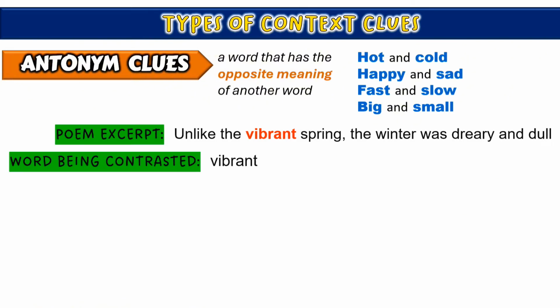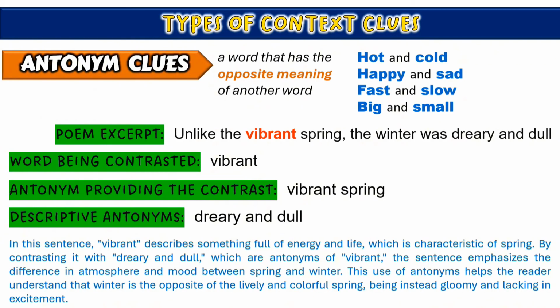The sentence, "Unlike the vibrant spring, the winter was dreary and dull," is an example of an antonym context clue because it uses a word with an opposite meaning to highlight the contrast between the two concepts. In the sentence, vibrant describes something full of energy and life, which is characteristic of spring.